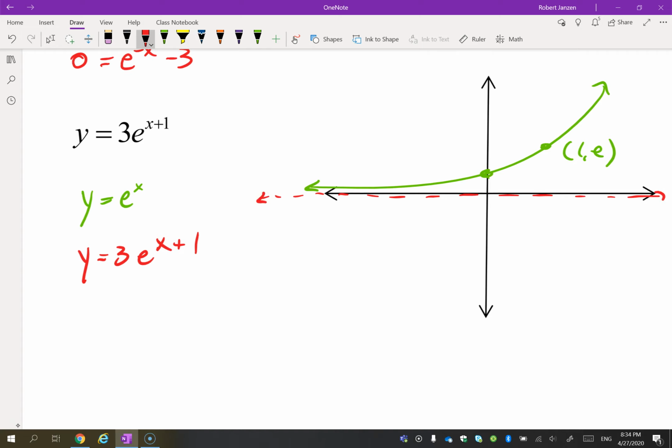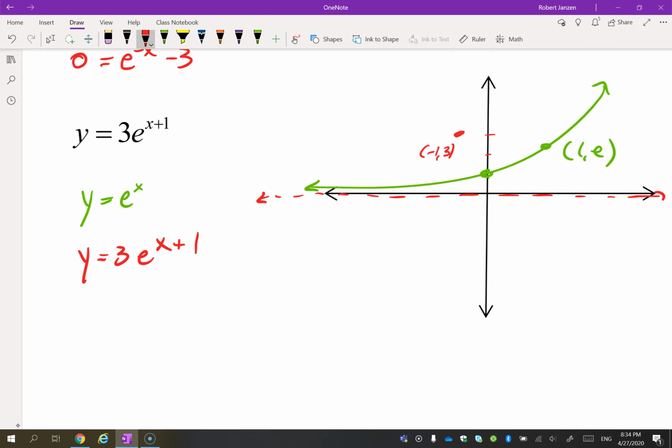Okay, if I take the y-intercept and multiply it by 3, it becomes 3, and then left 1. So this point is going to be negative 1, 3. And if I take this one and multiply it by 3, it becomes 3e.